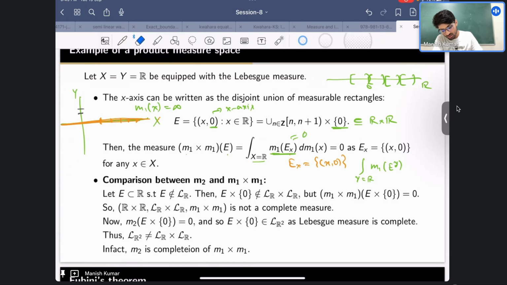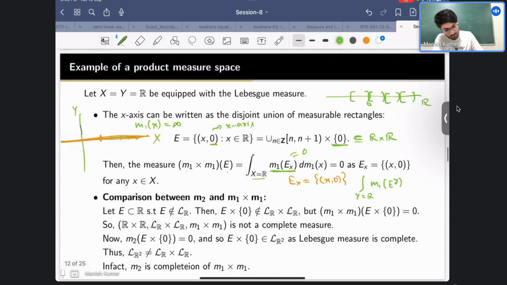If you go through the definition, so let me write it here: Ey is the collection of x such that (x, y) belongs to E, right? And what is your E? So (x, y) belongs to E if y is 0. So Ey will be R if y is 0, else Ey will be phi if y is non-zero, right?